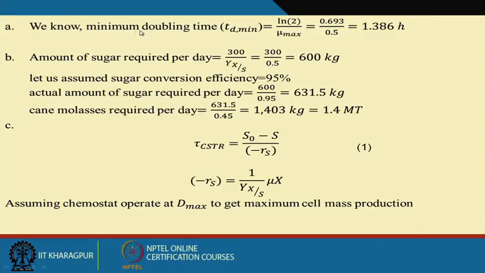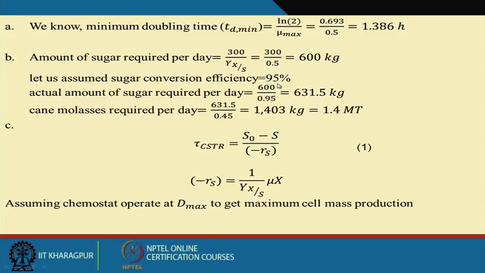We know that minimum doubling time is ln2 by mu max. So, you can easily calculate this, and the amount of sugar required you can also easily calculate. If you know the 300 kg of cell mass you have to produce, and Yx/s, the gram of yeast cell produced per gram of sugar, is 0.5, then you require 600 kg of sugar.